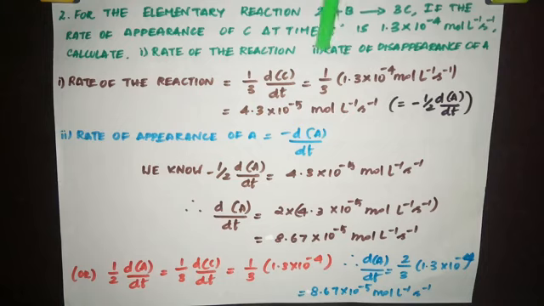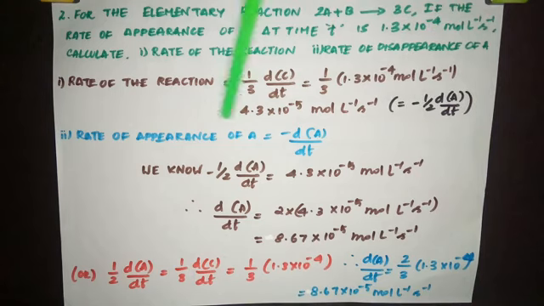Now the second question is the rate of disappearance of A. So when you write the rate of the reaction in terms of A and in terms of C, how can you write the rate of the reaction in terms of A? Minus 1 by 2 dA by dt is equal to 1 by 3 dC by dt.